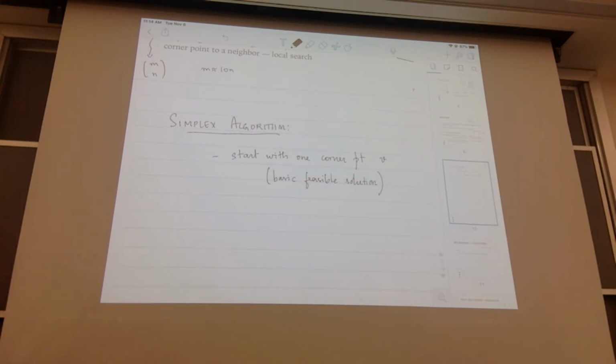If you see this literature, they always talk about this thing called basic feasible solution. That's how you start off, and you always move to a neighbor, and we'll see what I mean by this in a little bit. You always move to a neighbor that has a lower objective value. If there is no such neighbor, then you stop and return your solution.